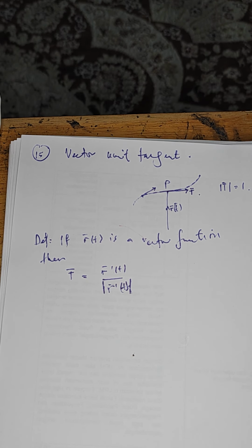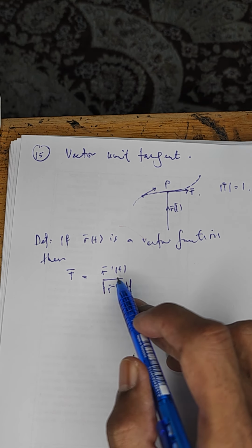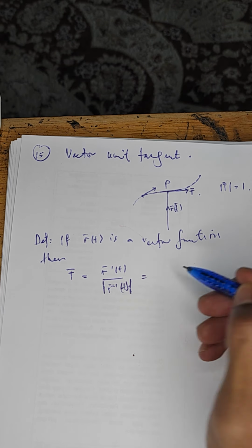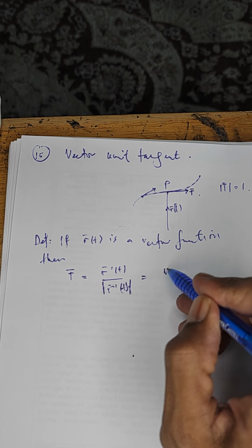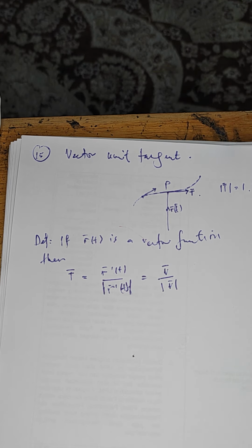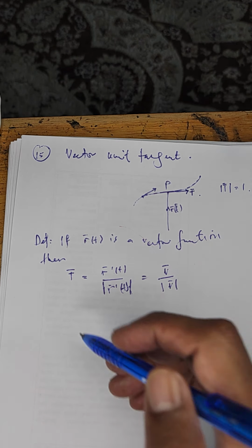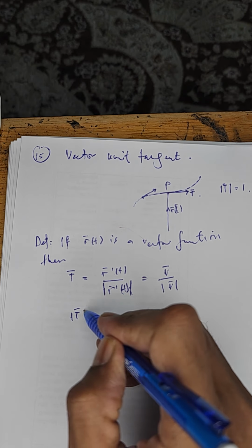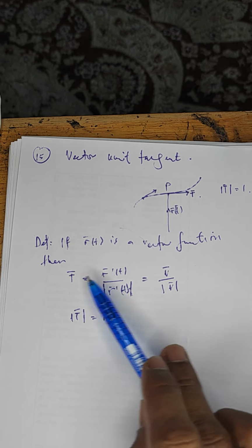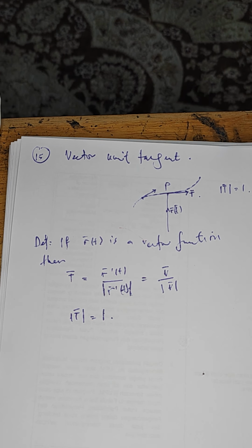That's the vector unit tangent, and if we define r prime as the velocity, then this is the velocity over the magnitude of the velocity, where of course, as I mentioned, the magnitude of T is 1. It is obvious: you take the magnitude of both sides, and that gives you 1.